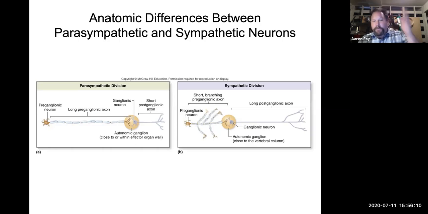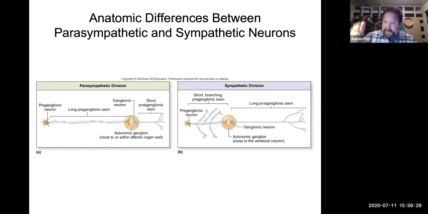Now, when you look at this, I had jumped ahead. In the parasympathetic nervous system, the structure of the preganglionic neuron suits itself well to neuronal convergence.